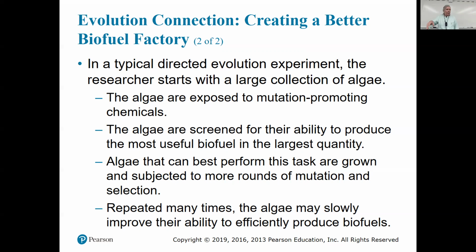Now, a lot of these mutations aren't going to do anything. Like I said, there are three results of a mutation. One, nothing. A mutation happens, an error is made, and nothing happens. We'll see why that is when we get into genetics and DNA structure, and what it really means to make an error.